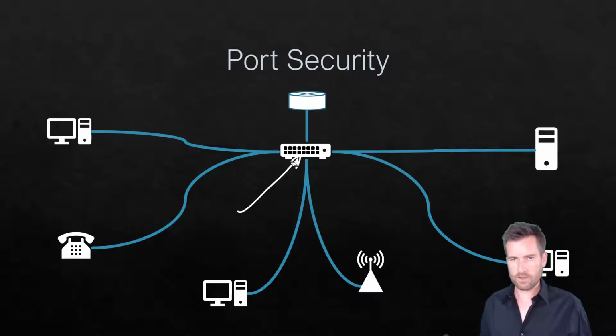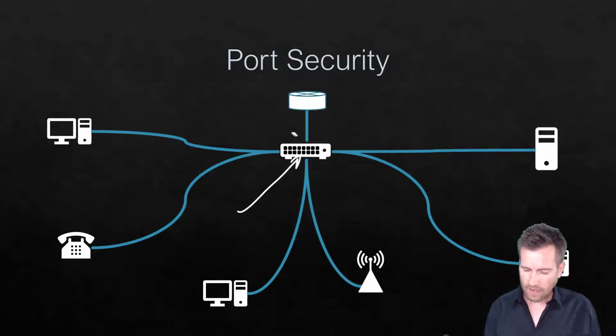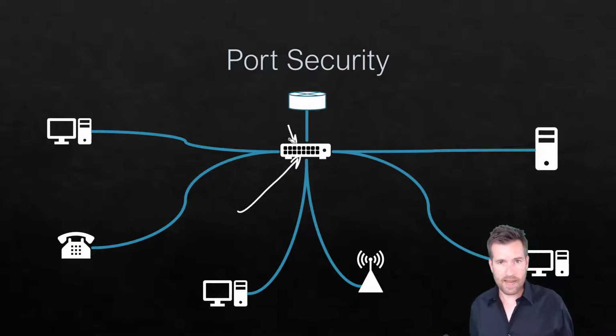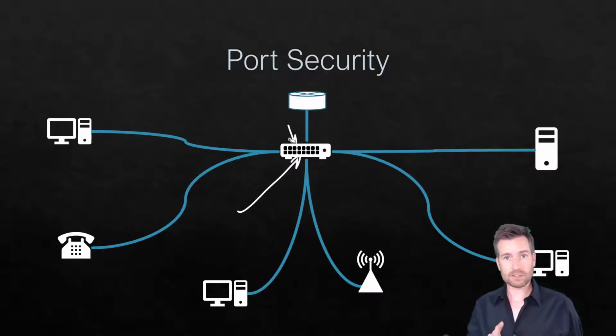So that's where port security comes in, is for every port on my device, I can lock that port down to only allow a certain number of devices on there, or only allow certain devices that have certain MAC addresses on there, or some sort of authentication that happens per that port. So there's different ways to lock down that port, so that way we limit the type of traffic or the type of clients that are going on there.